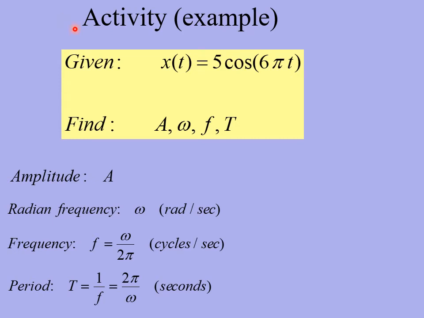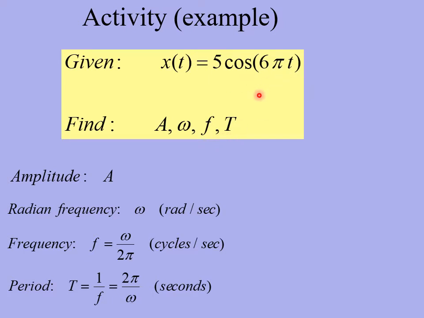So here's an example, an activity for you to practice what we just learned. Let's say you're given the following signal: x of t is equal to 5 cosine of 6 pi t. Your task is to find the amplitude, the radian frequency, the physical frequency, and the period of this signal.